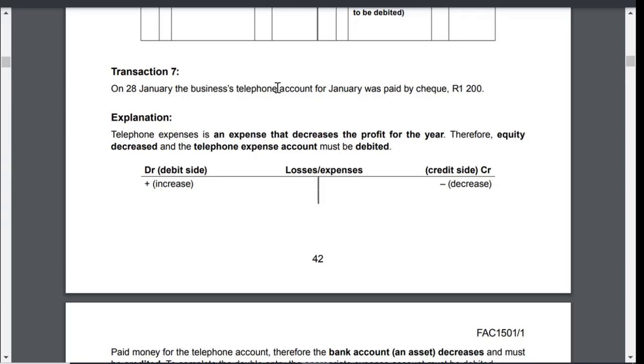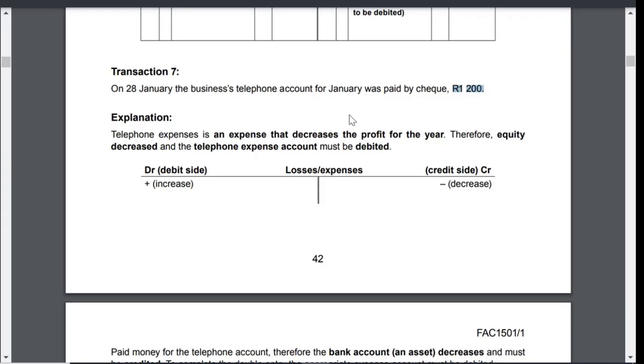Why am I saying this is increasing the expenses? Before this transaction happened, BS Electrical didn't have an expense for telephone. That's why I'm stating that the telephone account is increasing the expenses for BS Electrical. Now BS Electrical has an expense of 1,200.